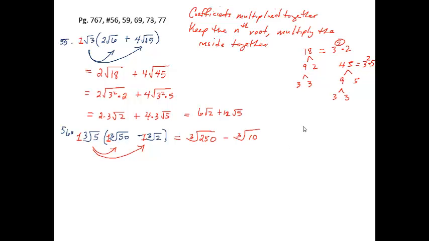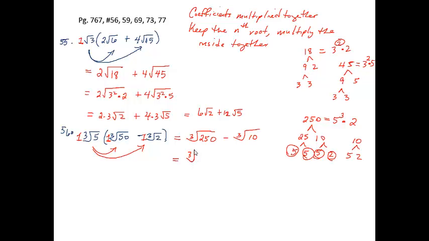And now we get to simplify. Well, 250 is the same as saying 25 times 10, and 25 is 5 times 5. And 10 is 5 times 2. So this is the same as saying 5 to the third power times 2. 10 is just 5 times 2. It doesn't break down any further, so it won't simplify any further, so I'm going to leave that one alone.